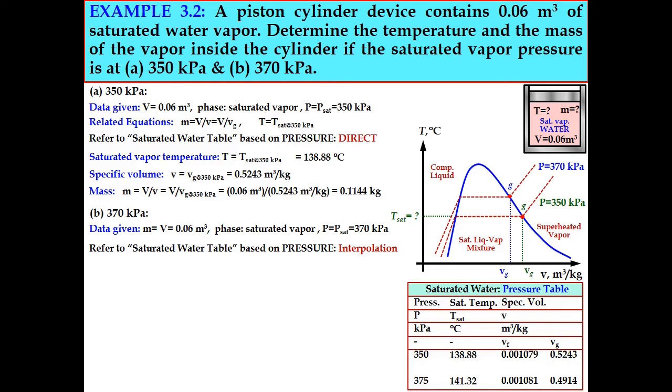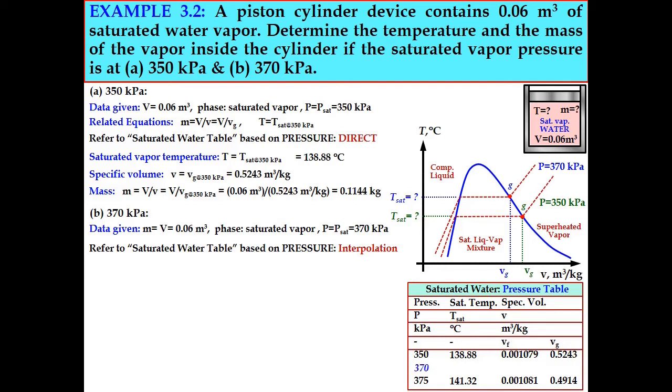Okay, so by referring to the saturated water table based on pressure, because the value is 370 kilopascal, the value is in between 350 and 375, which means in order to obtain the data for that pressure, we need to make interpolation. First, in terms of temperature, the temperature refers to the T saturated at 370 kilopascal.